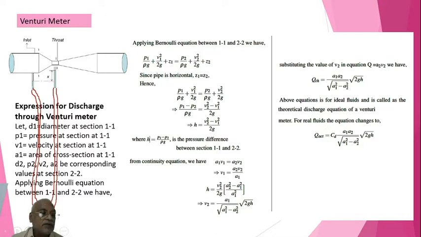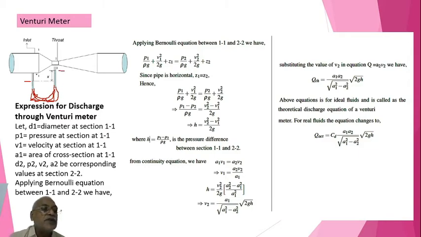We can draw this slightly differently also, with a very small length. There is mercury in this limb. It has started from here, it has gone up to that point.